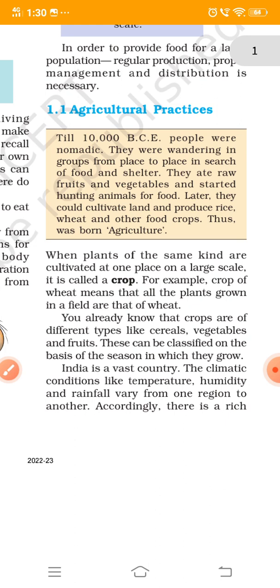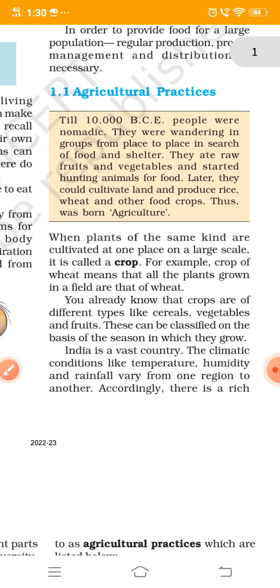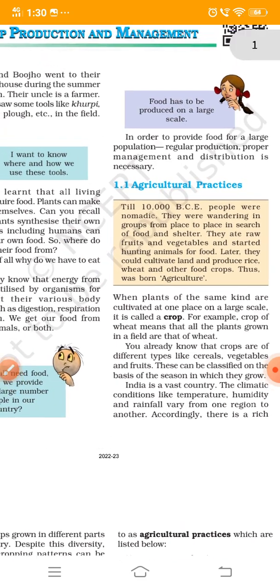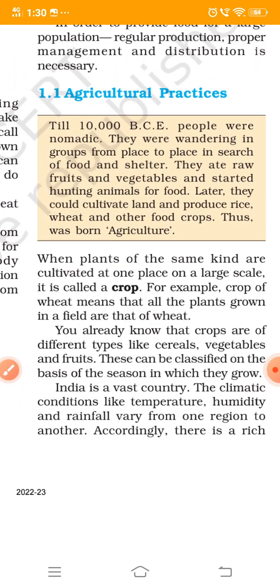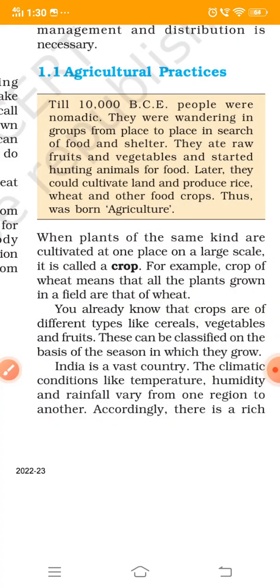When plants of the same kind are cultivated at one place on a large scale, it is known as a crop. Now, what do we mean by crop production? When the same species of plants are cultivated on a large scale, it is known as a crop.